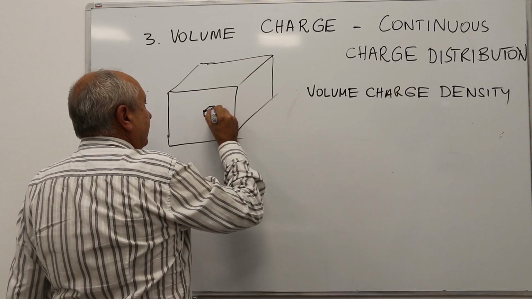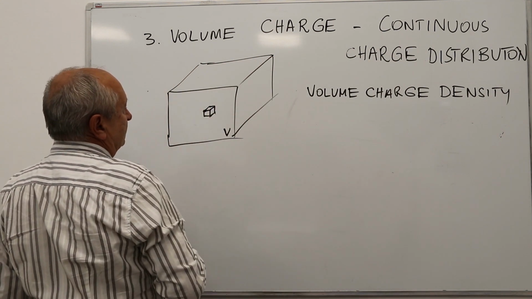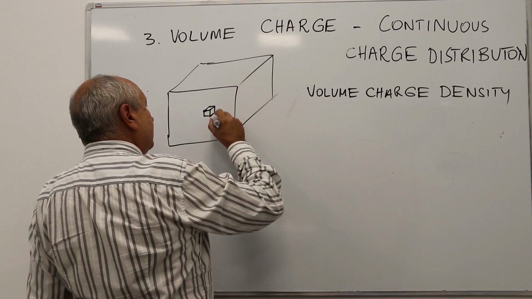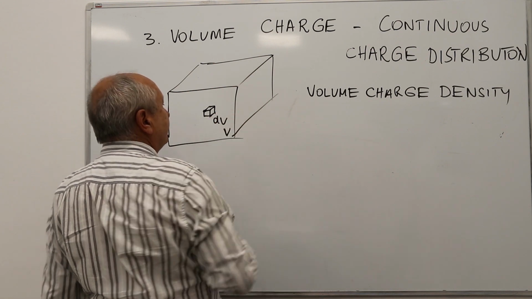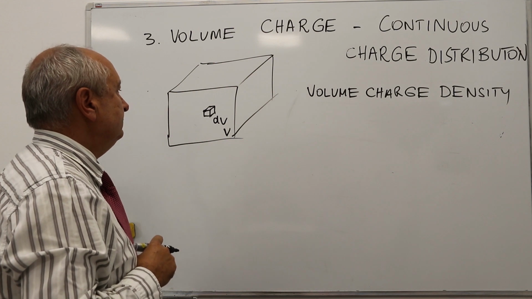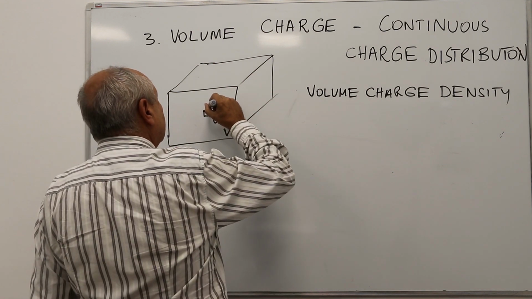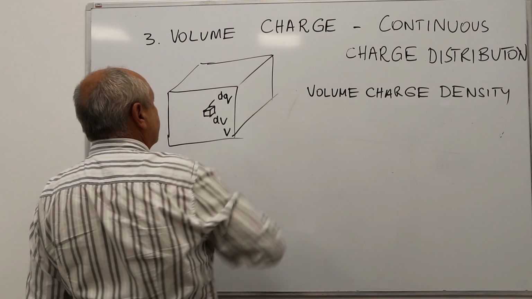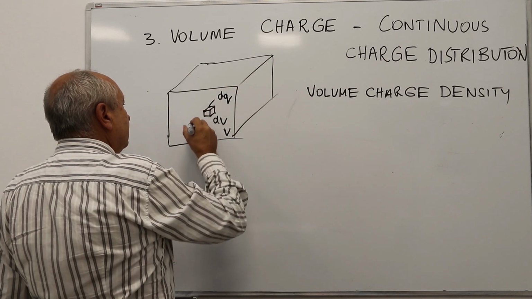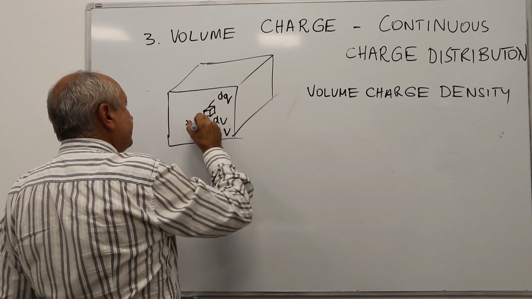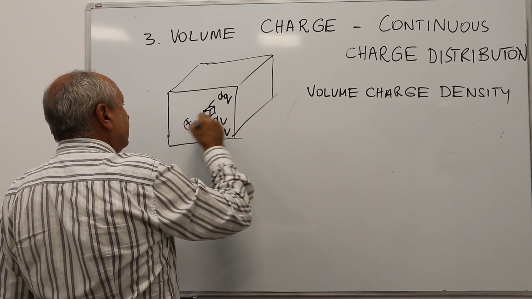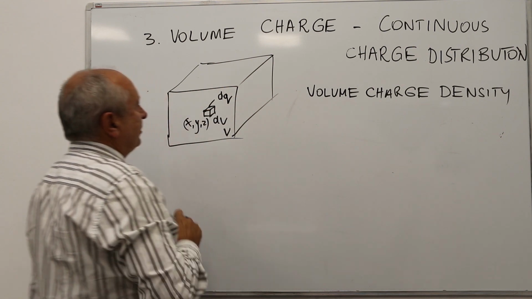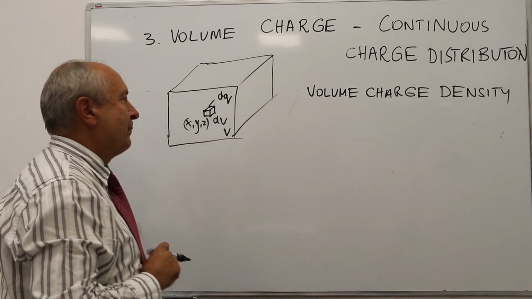We take a differential piece of volume dV, and in this piece of volume we have differential charge dq, and x, y, z are the coordinates of this point.